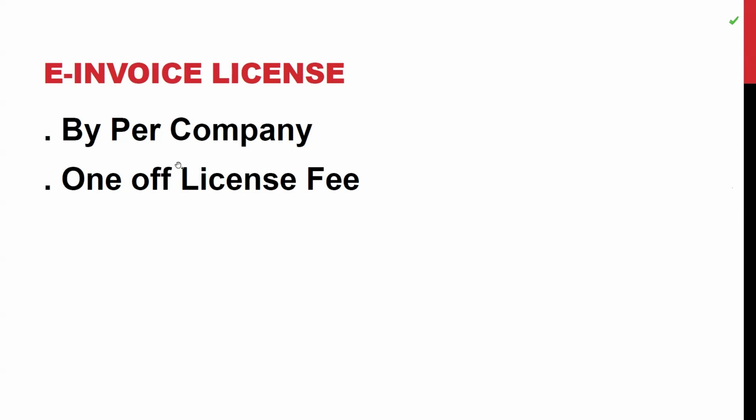You can do all these accounts, but without the eInvoice function. So if you need the eInvoice function for a certain company, then you need to purchase an eInvoice license for that company. Currently this is a one-off license fee, so you don't need to worry about paying every year. No, this one is a one-off license fee.